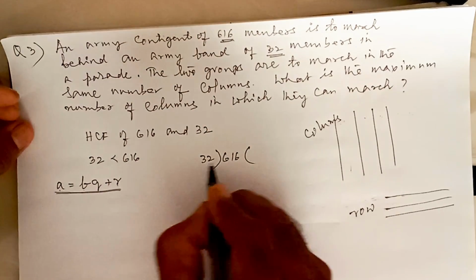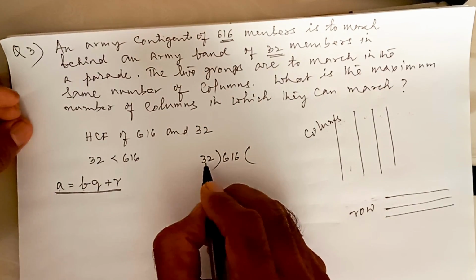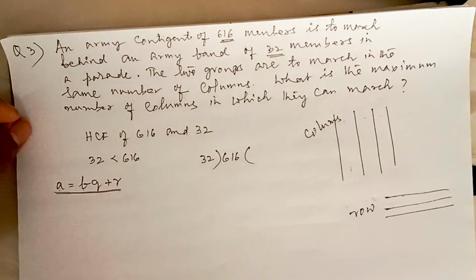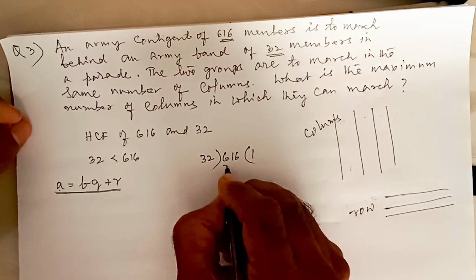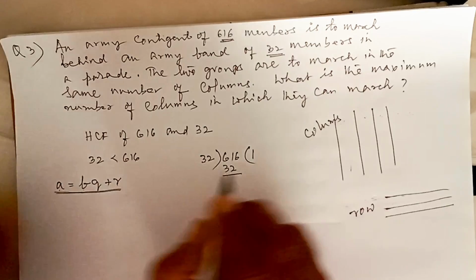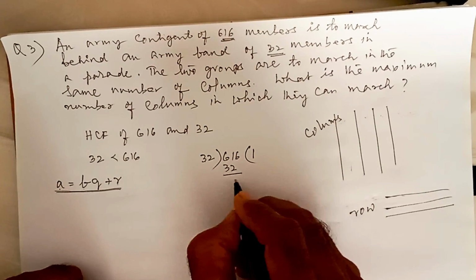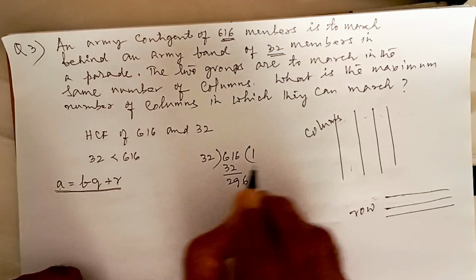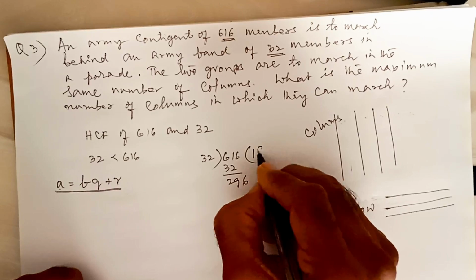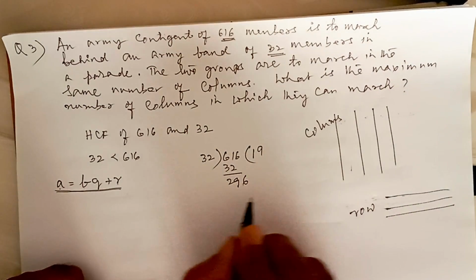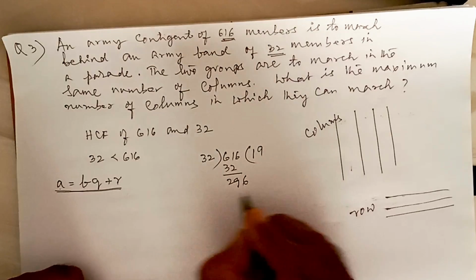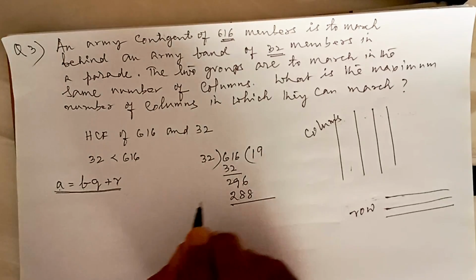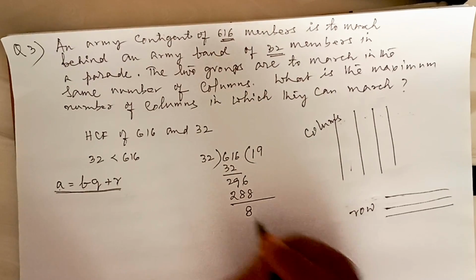Now, knowing this, 32 is a smaller number, we divide that 616 by 32, and this goes one time. The remainder is 29. Take this 6 down, you get 9 times. The answer is 288, and you have the balance 8.